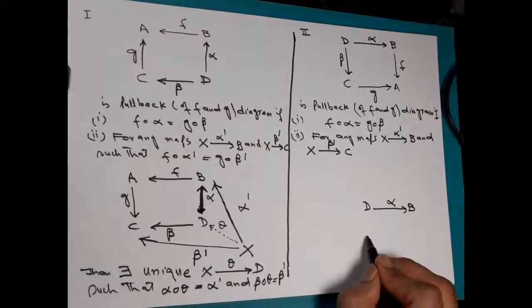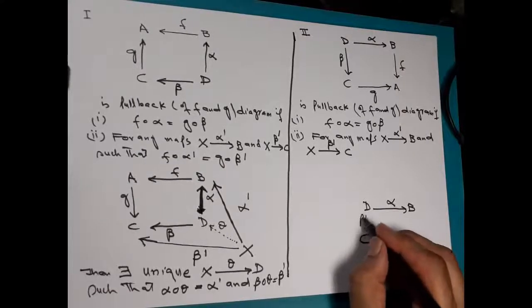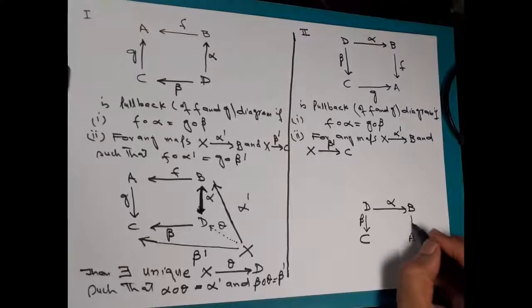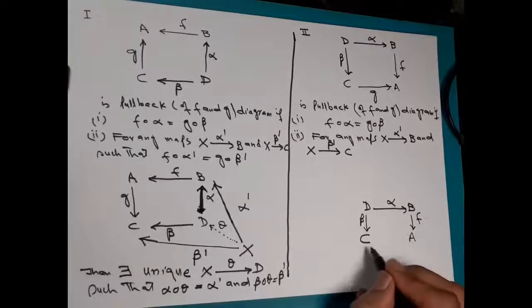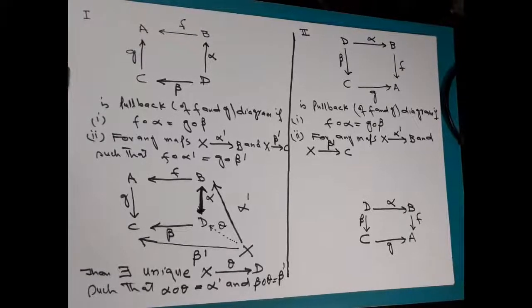Then we have C, and map from D to C, which is beta, and then we have map from B to A, which is f, map from C to A, which is g. These are the important maps. In fact, this is pullback diagram of f and g.